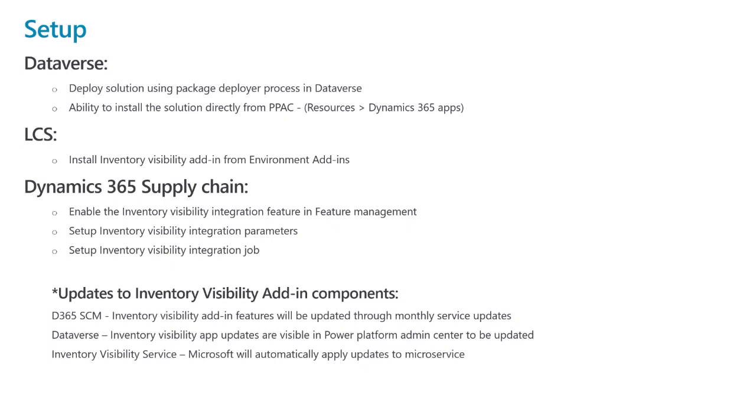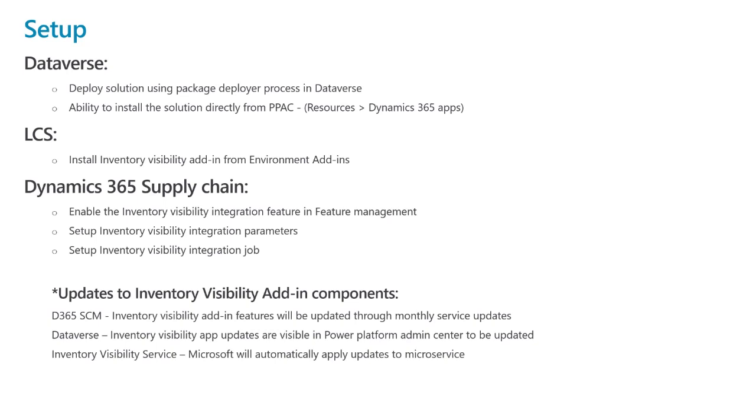That is basically an endpoint where your inventory visibility is being hosted. You can also set up the inventory visibility integration jobs. These jobs are responsible for syncing the data from Dynamics 365 SCM to inventory visibility itself.